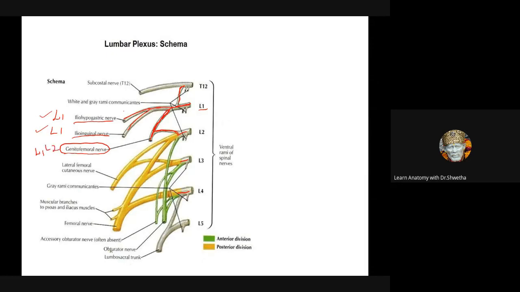Okay, now what we will discuss is L2, L3 and L4. These ventral rami will divide into an anterior branch or the ventral branch, and a posterior branch or the dorsal branch. All the ventral rami of L2, L3, L4 will divide into an anterior branch and a posterior branch.